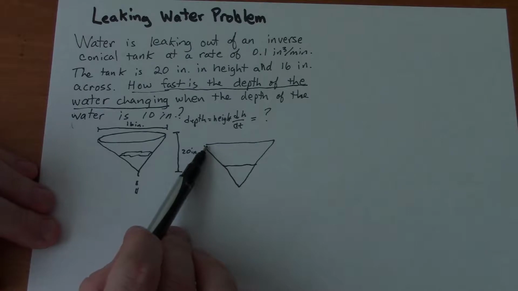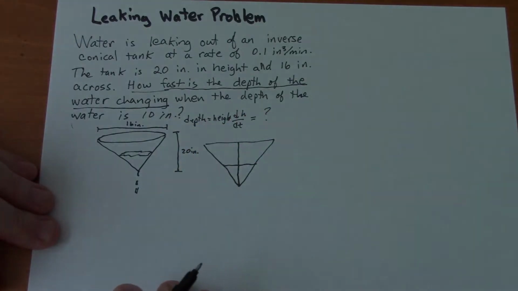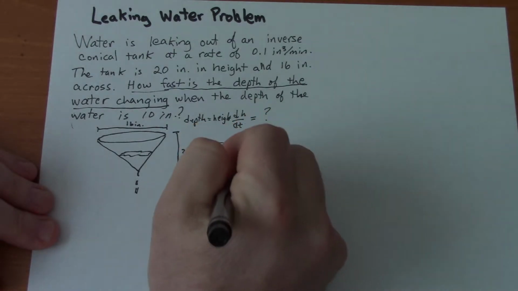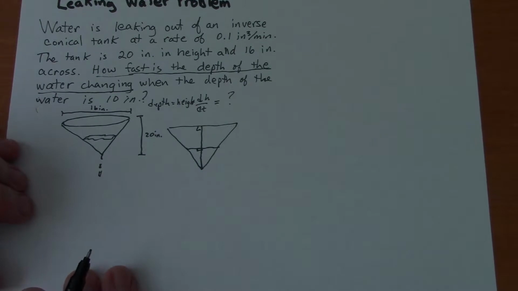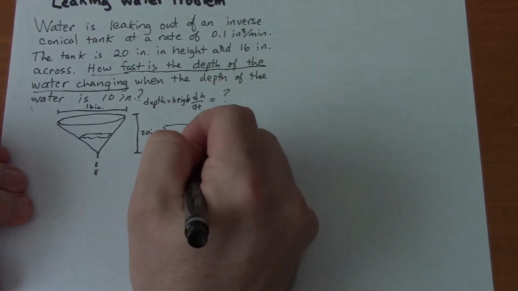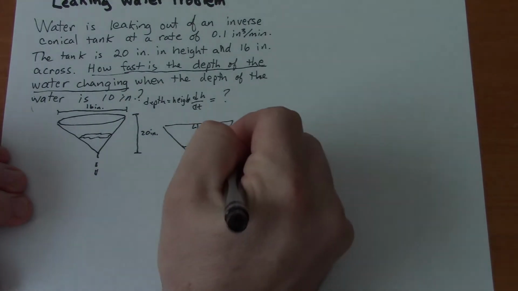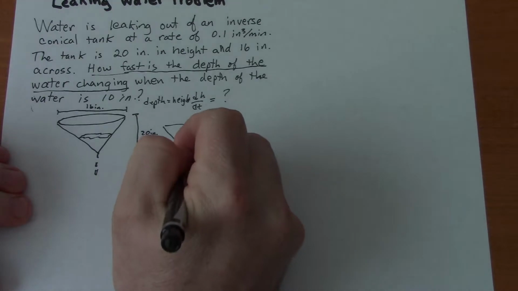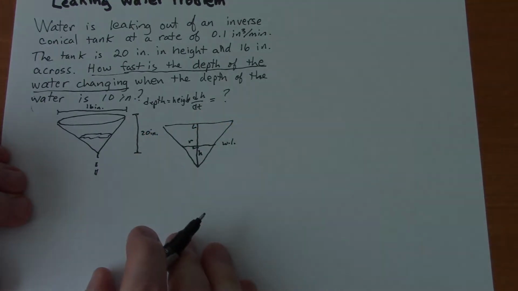As far as the information goes, let's draw a perpendicular all the way through. Here's the water level, and we're going to have a radius at that point, and a height at that point.